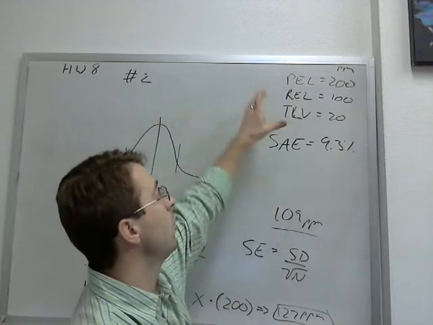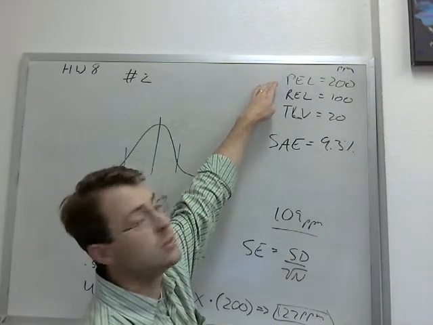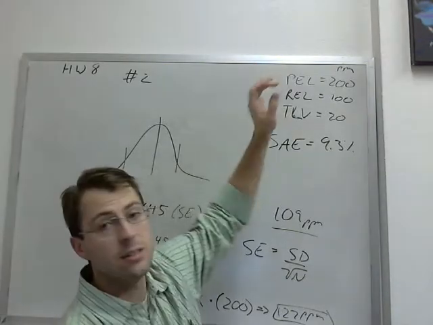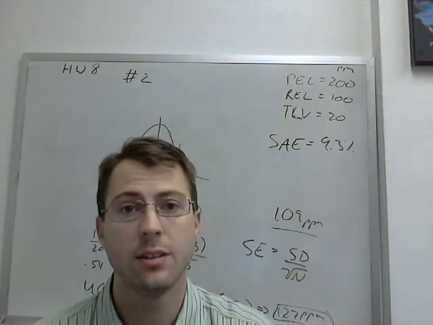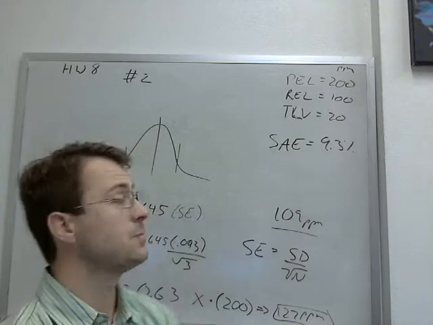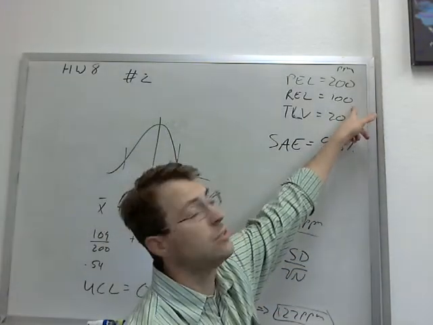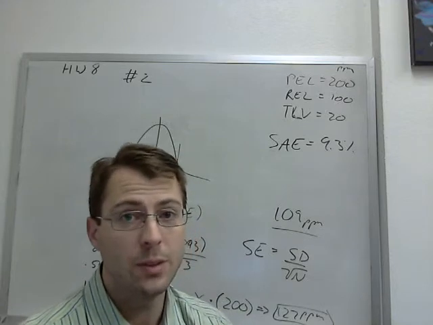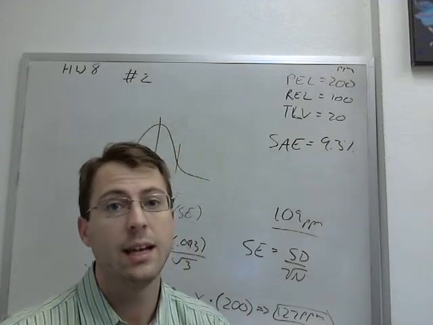So the PELs are old and out of date, and there's feasibility to implementing these that comes into play. The REL and TLV are updated simply based off of health data. So if the REL says 100, then that means that that's the point at which you're having negative health effects.